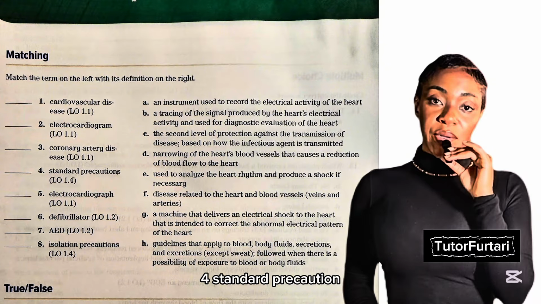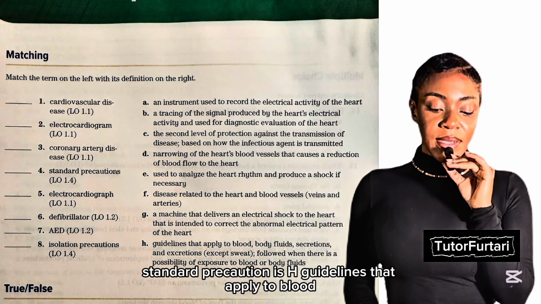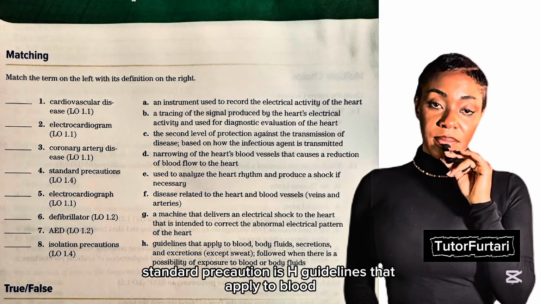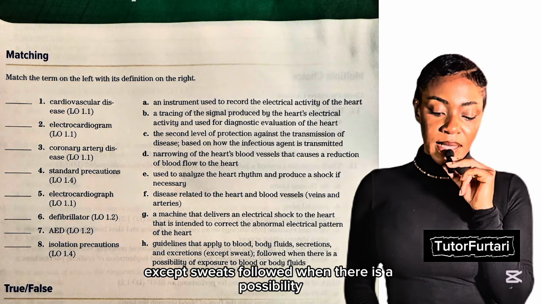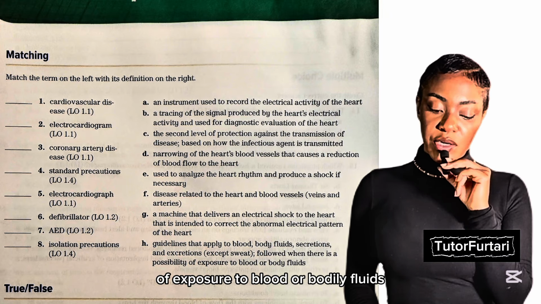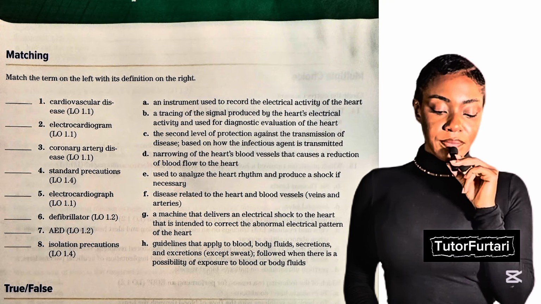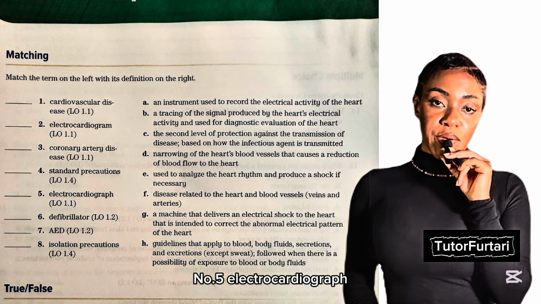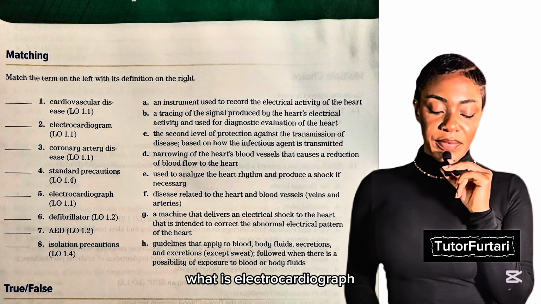4. Standard precaution. Standard precaution is H. Guidelines that apply to blood, body fluids, secretions, and excretions except sweat, followed when there is a possibility of exposure to blood or bodily fluids. Number 5, electrocardiograph. What is electrocardiograph?